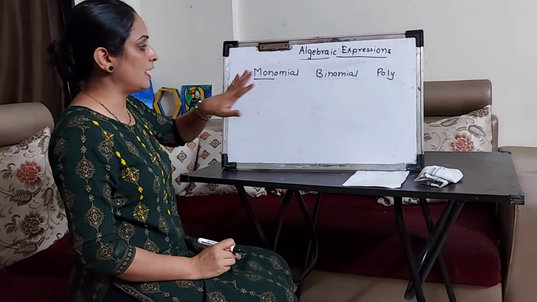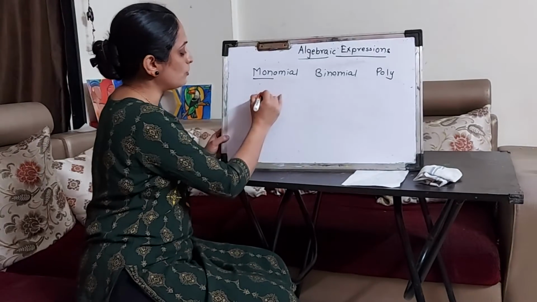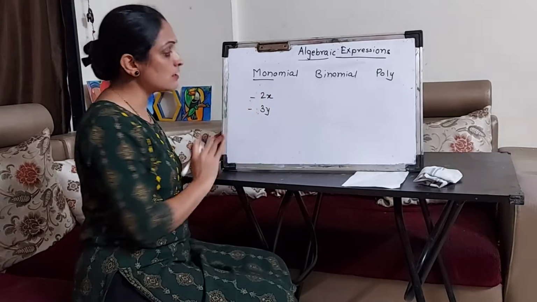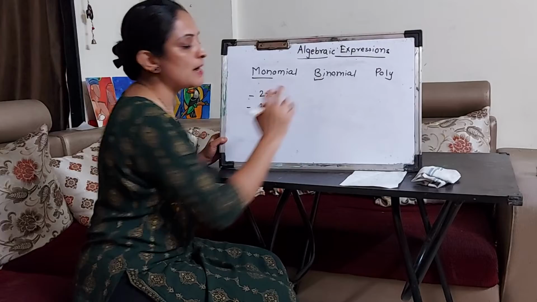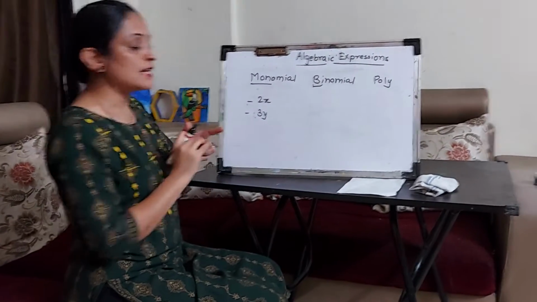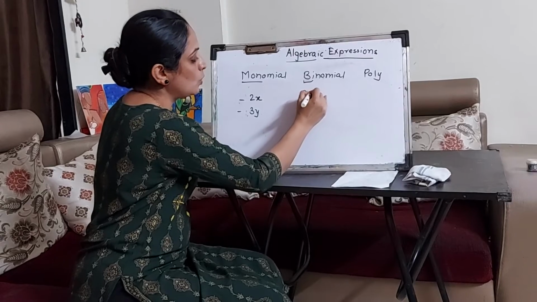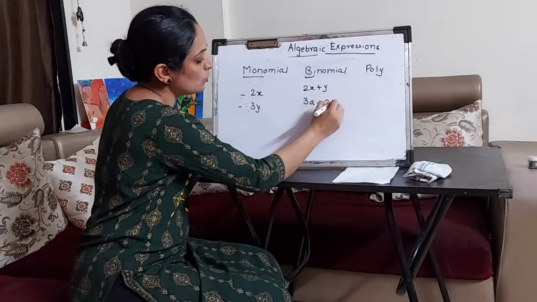That means an expression which has only one term is a monomial. That means 2x, 3y. These are some examples of monomial. What about binomial? Bi means two. That means an expression which has two terms. These are binomial: 2x plus y or 3a plus 2b.